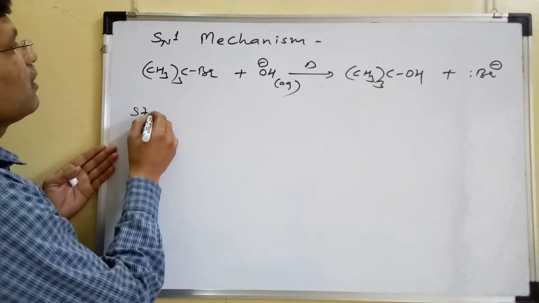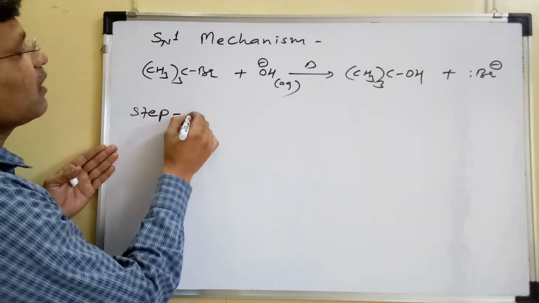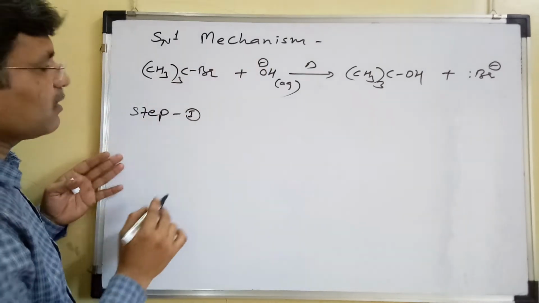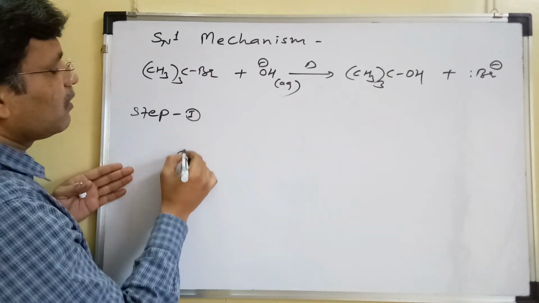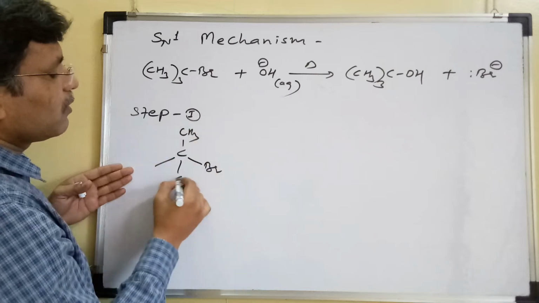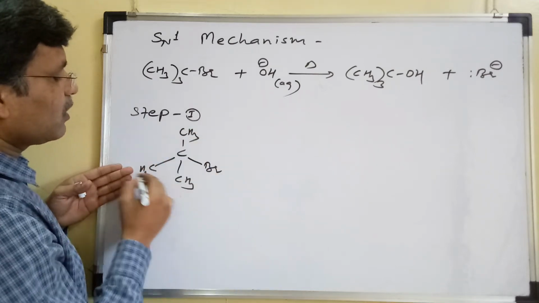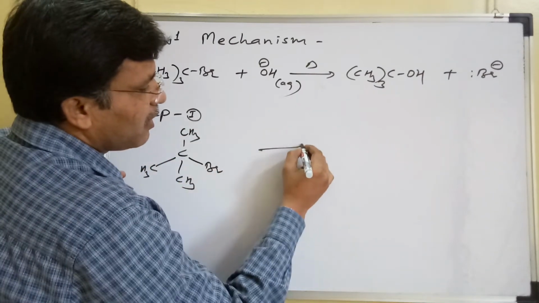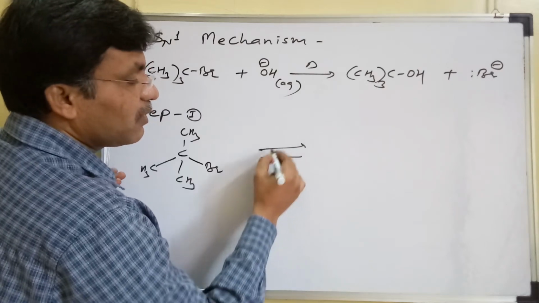So step 1 in this SN1 mechanism: the tertiary butyl bromide is the substrate and it is a reversible reaction.